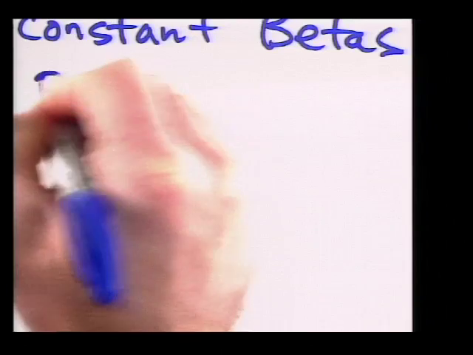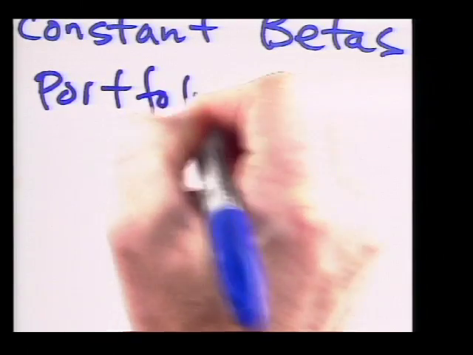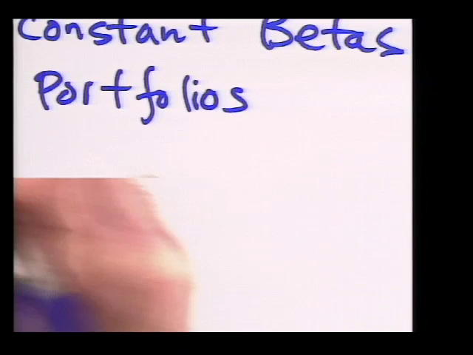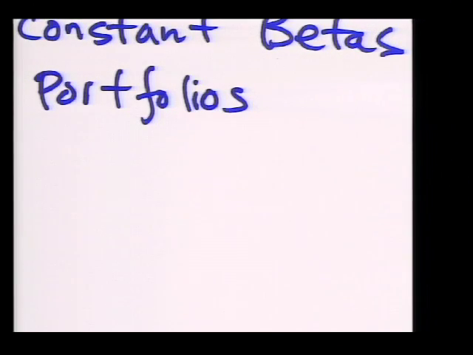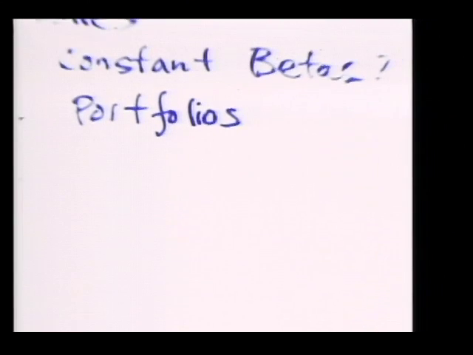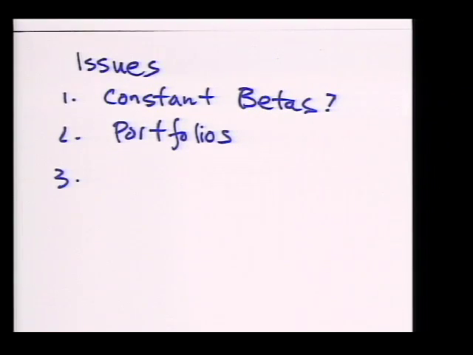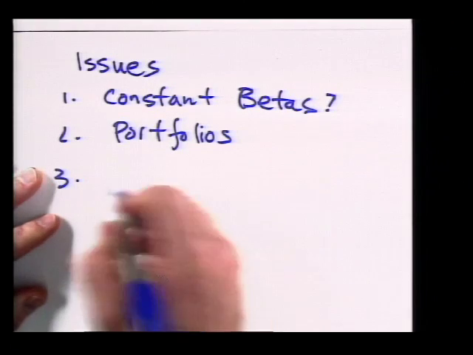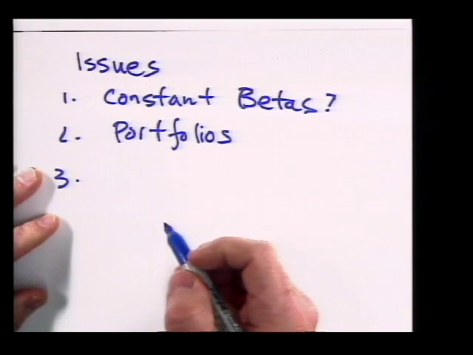Number two are the portfolios. Number three, whoops, let's unzoom. Someone's got to tell me what to do. Portfolios. And number three, what was the third issue? Portfolios, constant beta. Oh yeah, the economic interpretation.